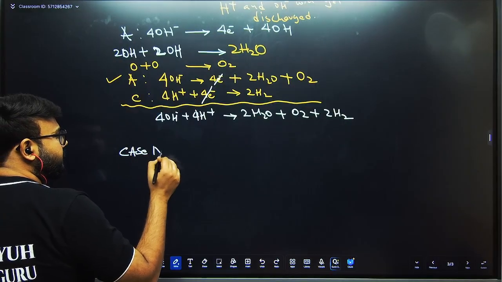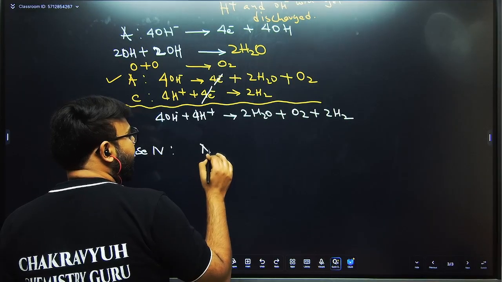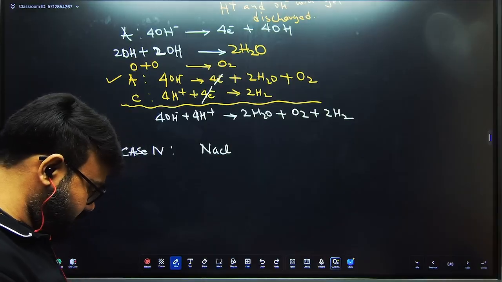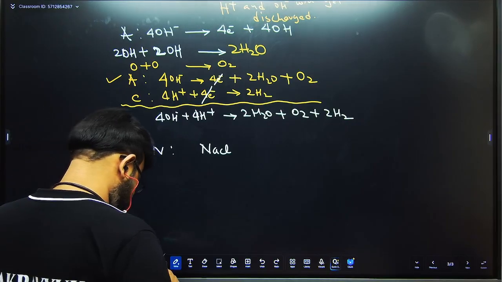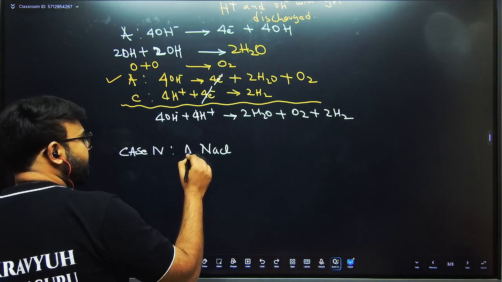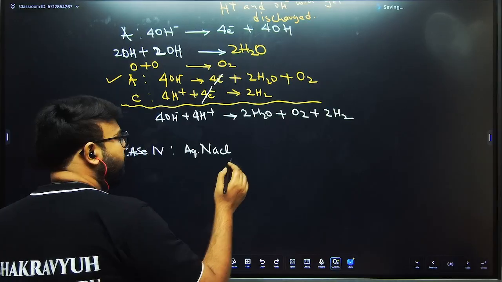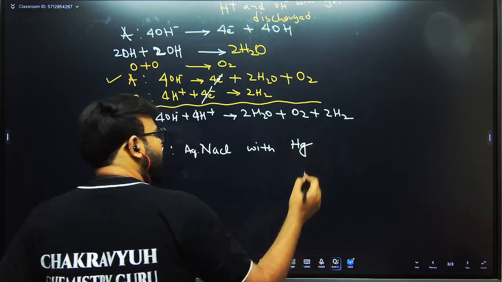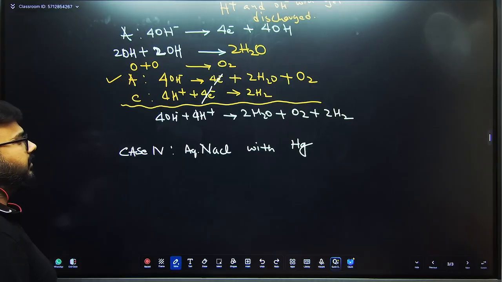Fourth case is aqueous NaCl with mercury, Hg.